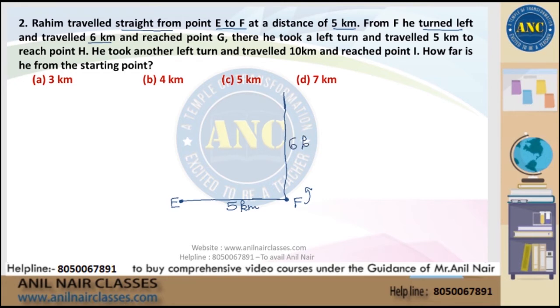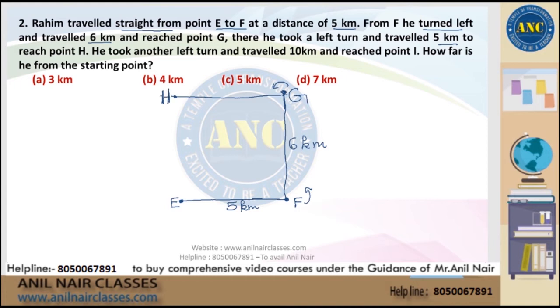F turns left, travels 6 km and reaches point G. Next, there he took a left turn. So again, this person's left, which is this side, and travelled 5 km to reach point H.